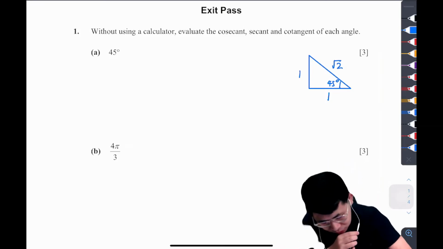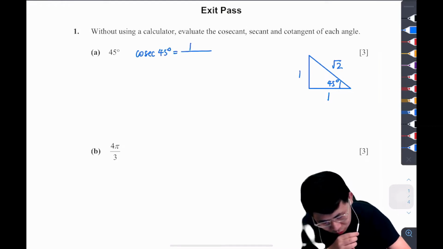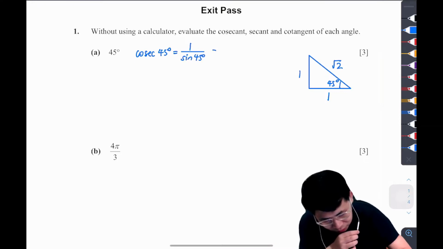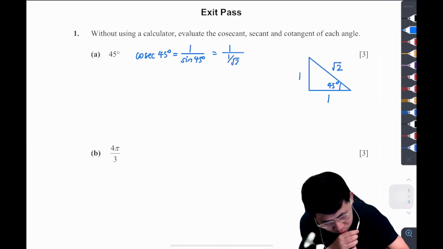So cosecant 45 degrees is equal to 1 over sine 45 degrees. Sine 45 is 1 over root 2, so it will be 1 over 1 over root 2.